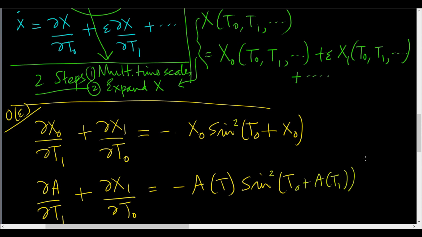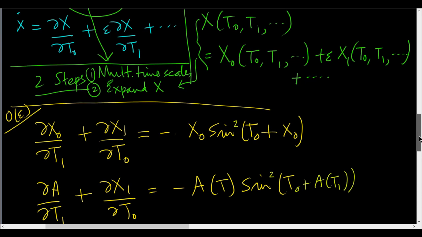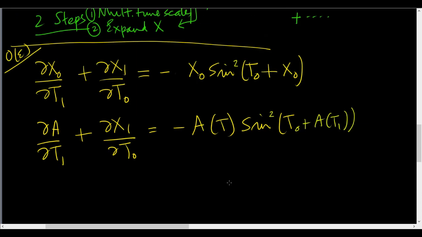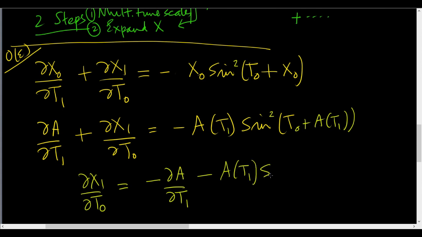Very good. Del x1 del t0 is equal to, therefore, minus del a del t1 minus a of t1 sine square t0 plus a of t1.